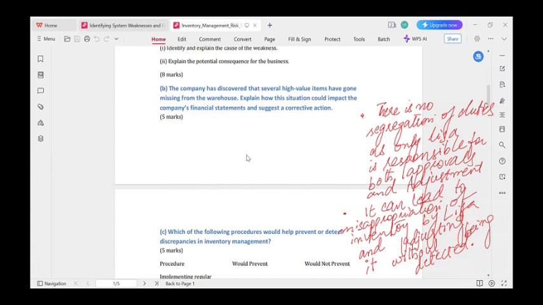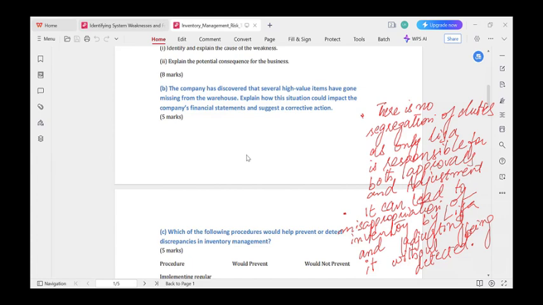So now the second part is what the company should be doing to counter that. So the company should implement security measures and conduct regular audits to prevent such occurrence in the future. Like for example, the company can increase all the measures we talked about in the lesson.